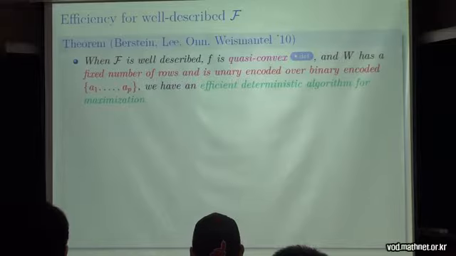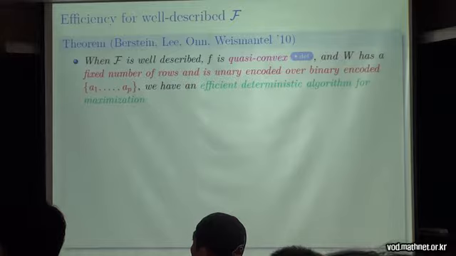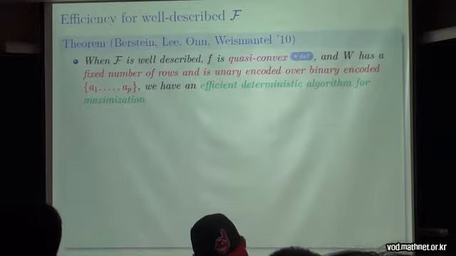If the entries in W are either small or there are a small number of different values in W, that's the assumption. So the matrix W either has an upper bound on the size of the entries, or another way to say it is unary encoded. But just think of it as the numbers are small, or there's a small number of different entries.